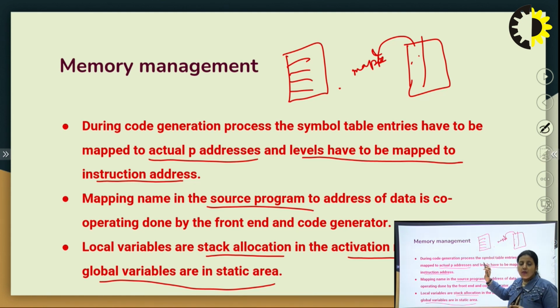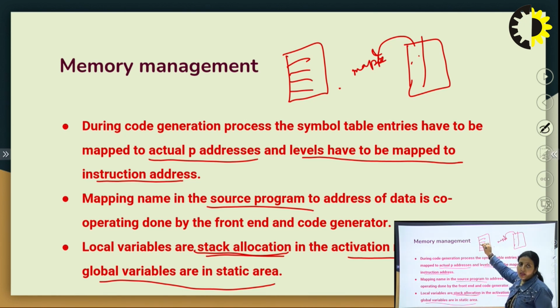I will discuss it in later videos. So, the local variables are stack allocated in the activation record, while global variables are in the static area.